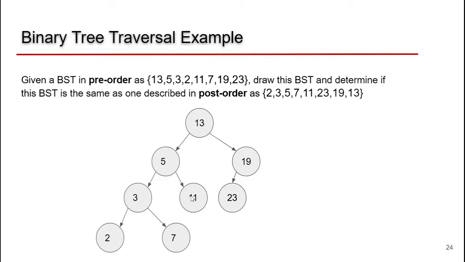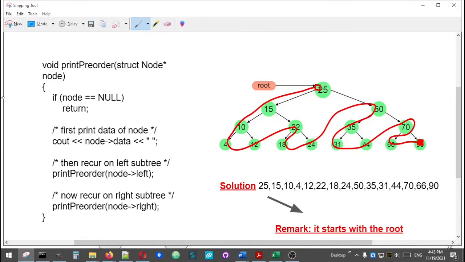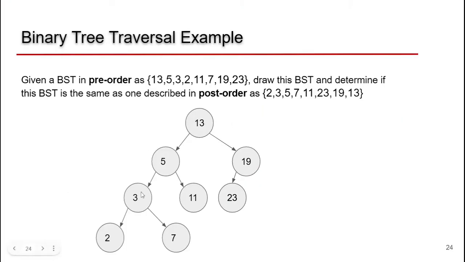Or we made a mistake by putting 7 after 11. Let's check the pre-order algorithm again. The pre-order says print, then left and right.